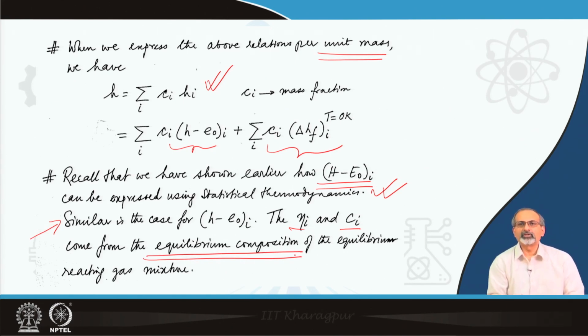Therefore, we are trying to put things together. Earlier we had learnt about thermodynamic properties of single species, then we learnt about composition of an equilibrium gas mixture, and now we are trying to build a kind of a framework where we can calculate the thermodynamic properties of an equilibrium gas mixture. So, that is the target we are fulfilling currently.